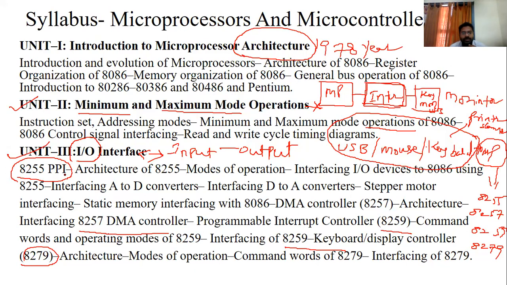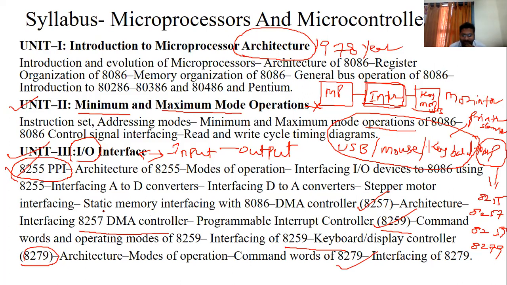These are some of the interfacing devices: 8255 is one, 8257 is one, 8259 is one, and 8279 is one. These interfacing devices are used for different purposes. One interfacing device is not sufficient to connect all the input output devices, so different interfacing devices are designed to meet all the requirements.